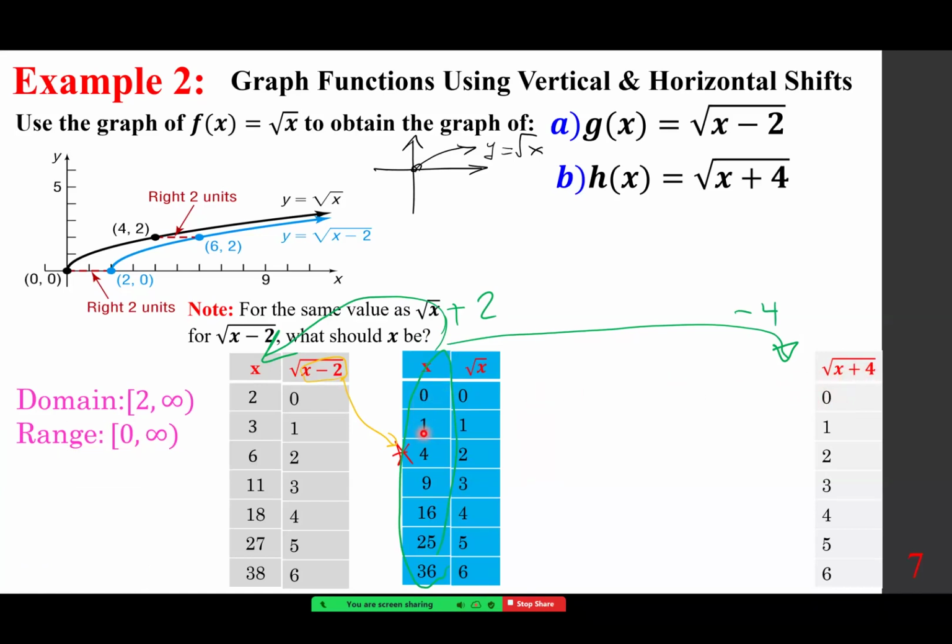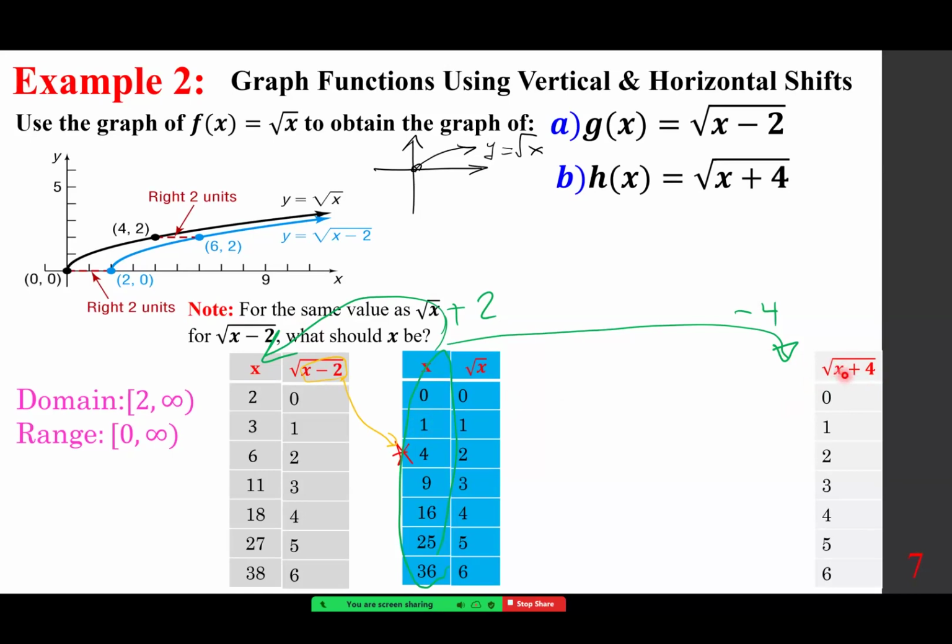But if I subtract 4 here, we get square root of, for that one, subtract 4. So we get 1 minus 4, which makes it negative 3.